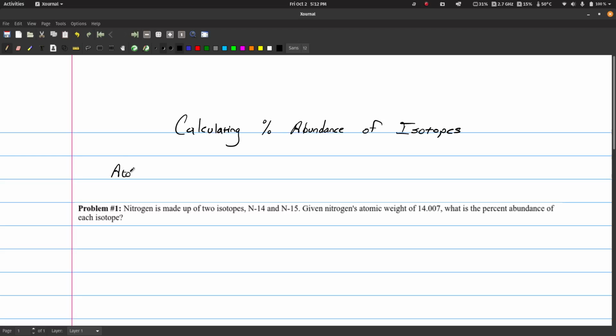So the atomic mass on the periodic table is actually an average of all of the isotopes of that element.